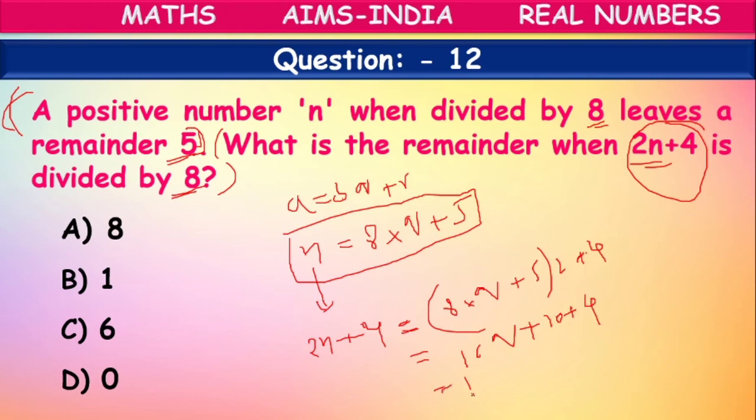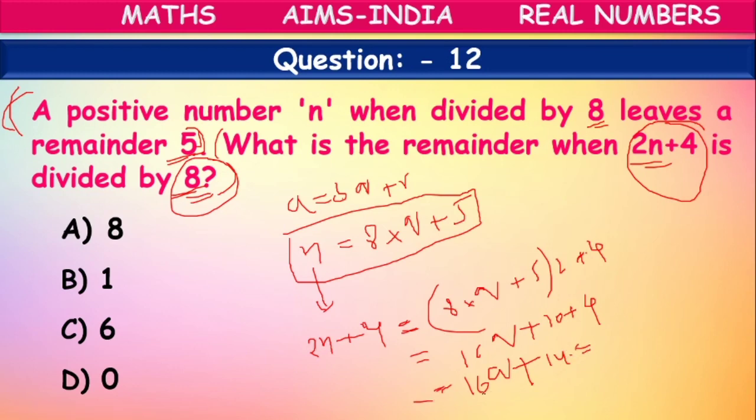So what will we get? 16q, 10 plus 4, 14. But we need the divisor to be 8. So what can we write? 16q plus 14 is there.